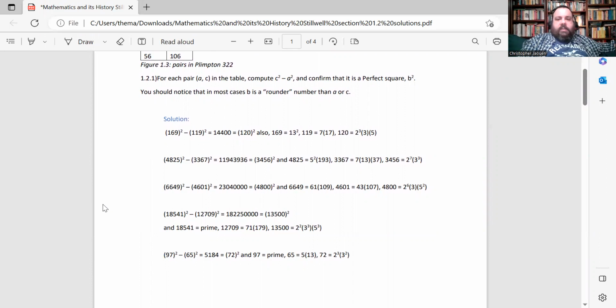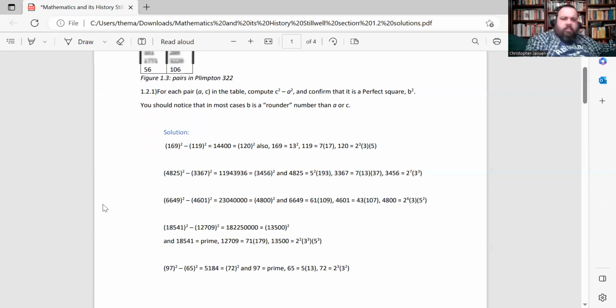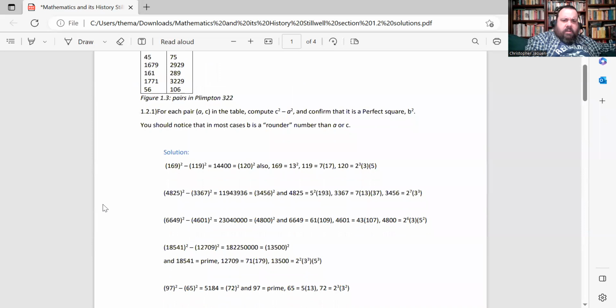Notice that 120 is a rounder number than 169 and 119. 169 is 13 squared, and 119 is 7 times 17, whereas 120 is 2 cubed times 3 times 5. Notice it's divisible by 60. So that's what he means by rounder.